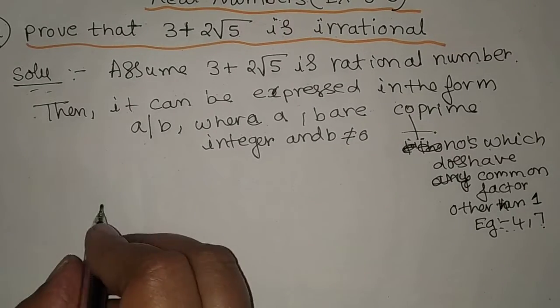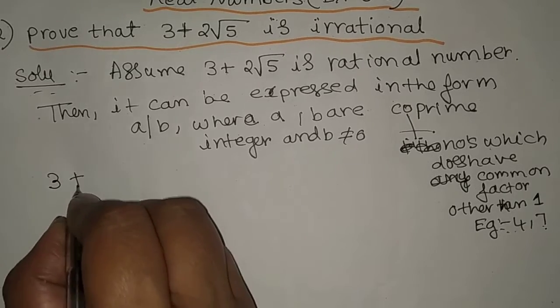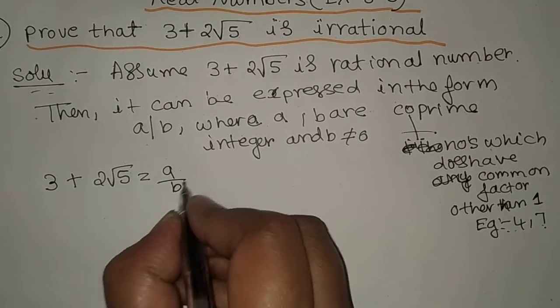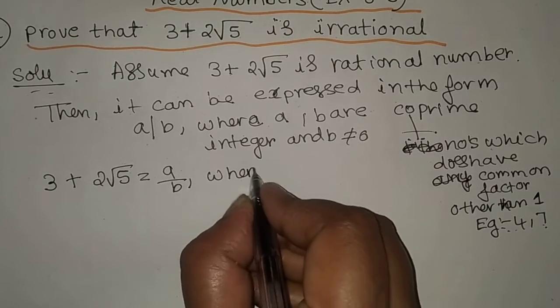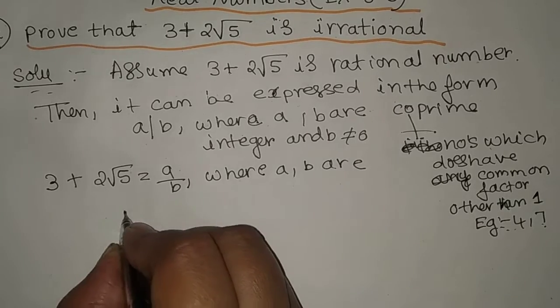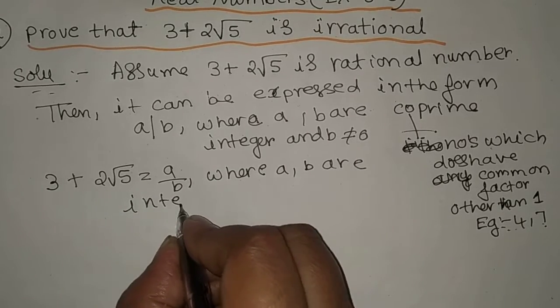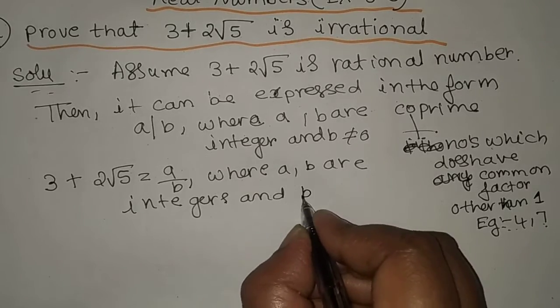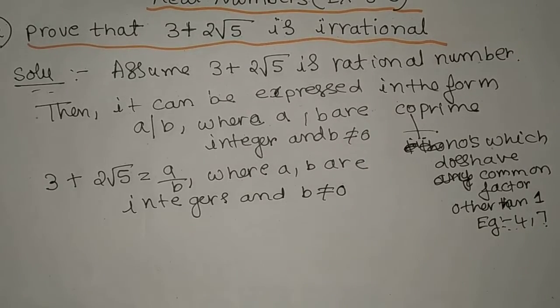Here in the problem we have 3 plus 2 root 5 is equal to a by b, where a, b are integers and b not equal to 0.